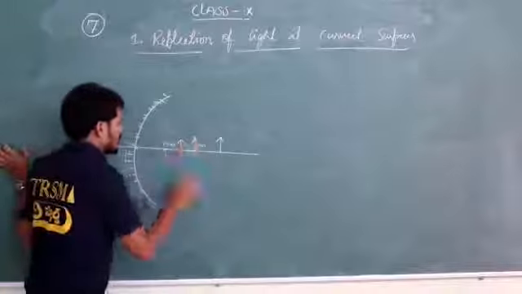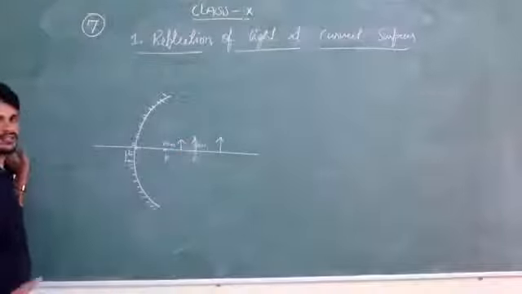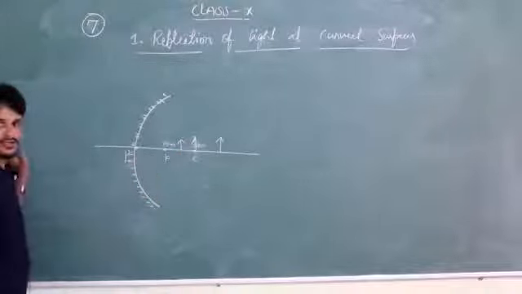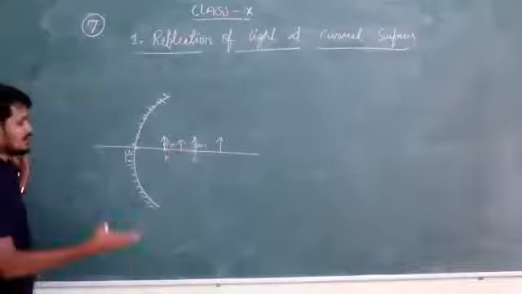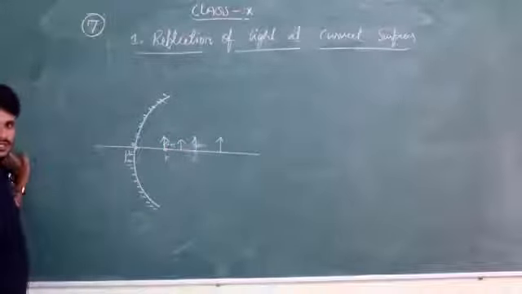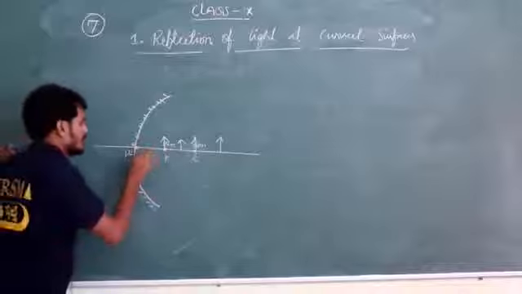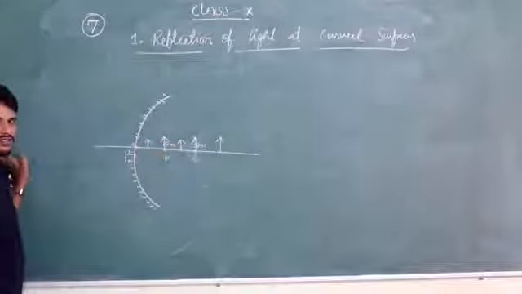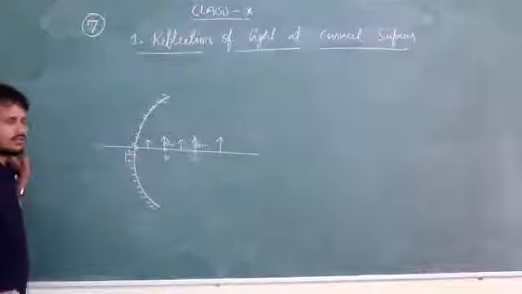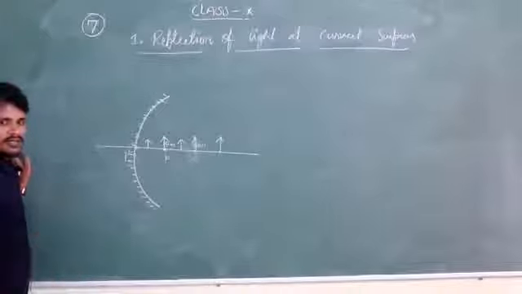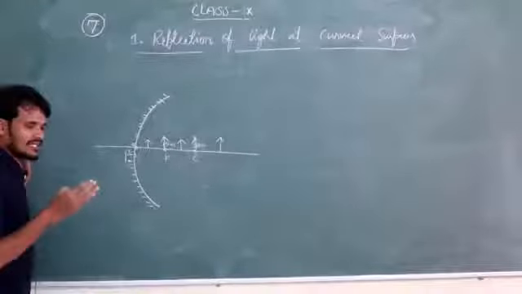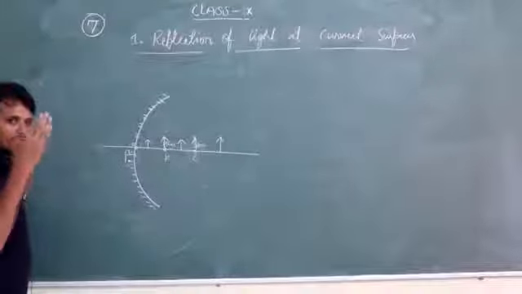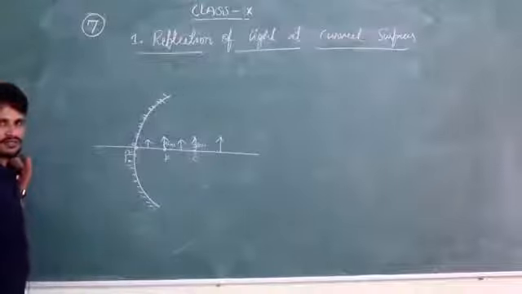Between 15 and 30 centimeters is between F and C. Exactly at 15 centimeters, the object is on F. Between 0 and 15 is between P and F. It's very easy to find image positions if the focal length and radius of curvature are given.